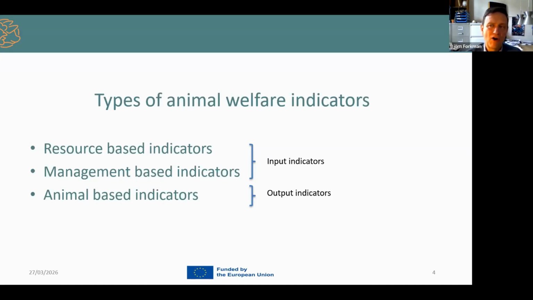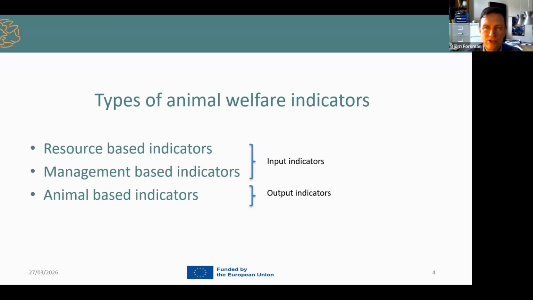You can go out to Farm B that has the same stocking density, the same feed trough, etc., but has very bad animal welfare. So there's something else. There's something apart from the resource-based indicators that affects the animal welfare.